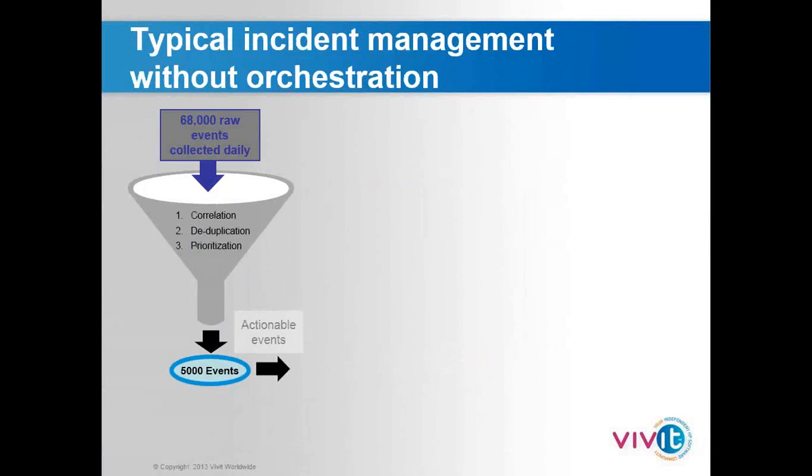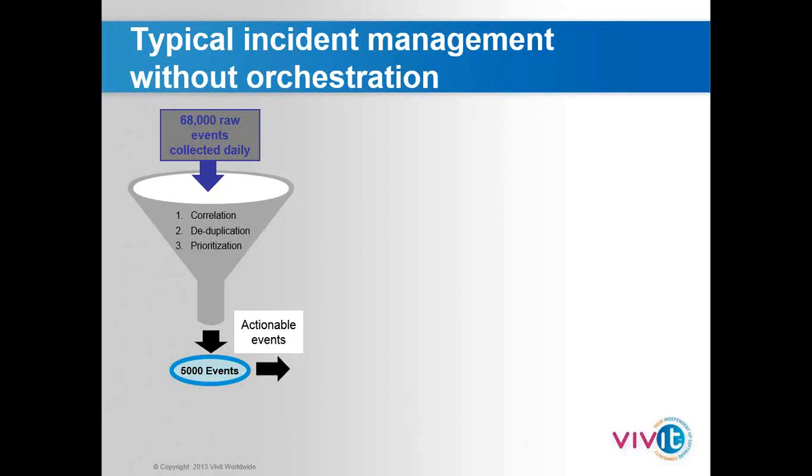So let's also look at how this would happen. How would a typical incident management happen with or without orchestration? I'm sure you are very well aware of the process, the methodology, right? There is a storm of events which are collected daily on your incident management tools.